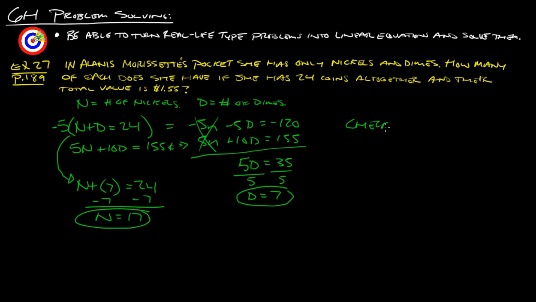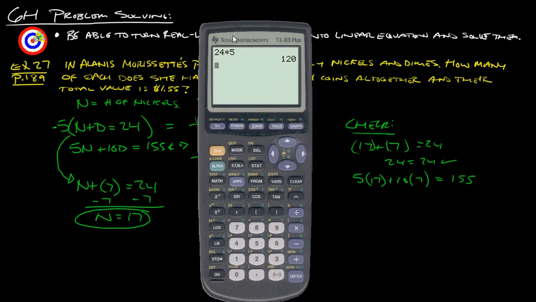Again, let's double check to make sure that it works. And we've got the nickels, which is 17, plus the number of dimes, which is 7, should equal 24. If you take 17 plus 7, you get 24. So that works. And then with the second one, 5 times 17 plus 10 times 7 should equal 155.